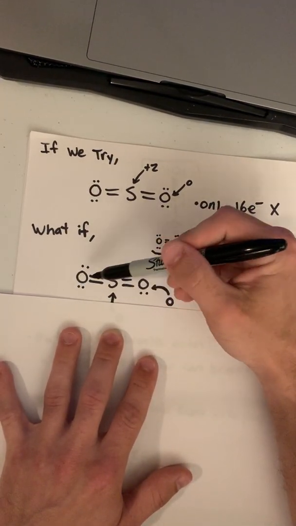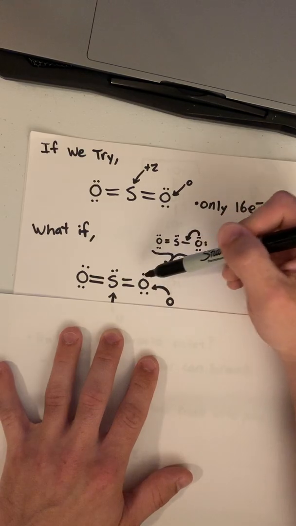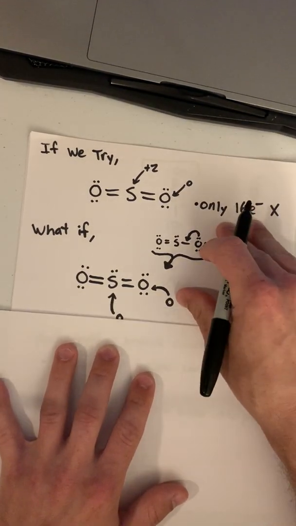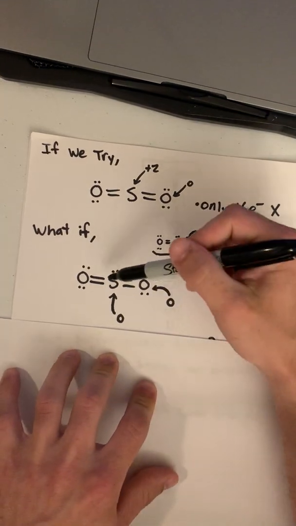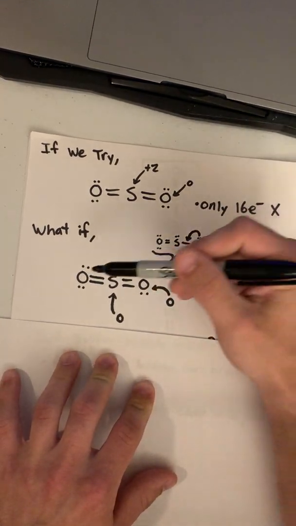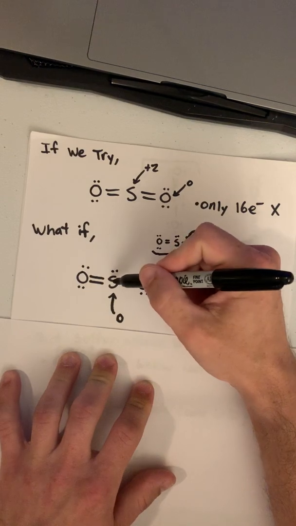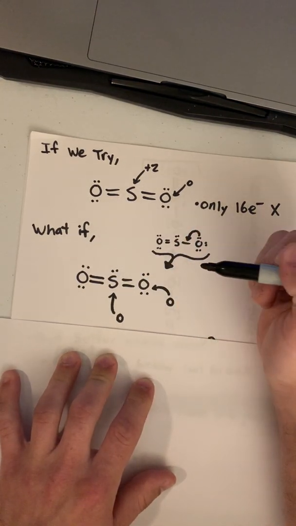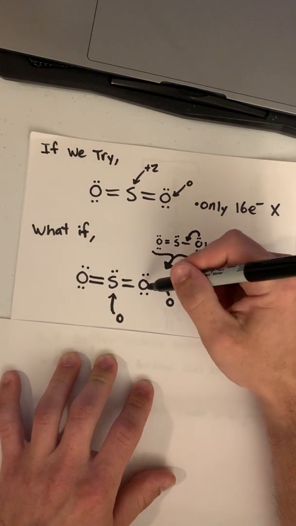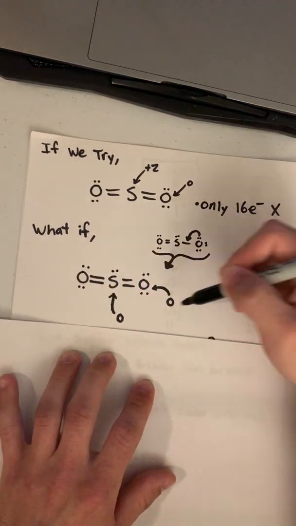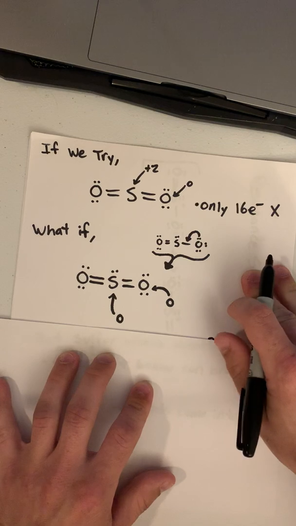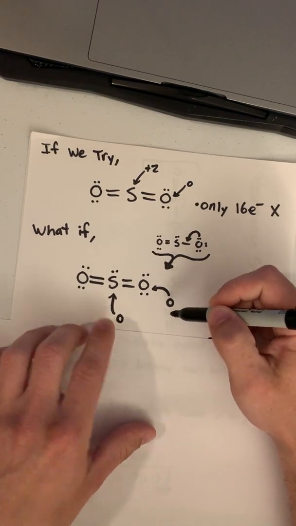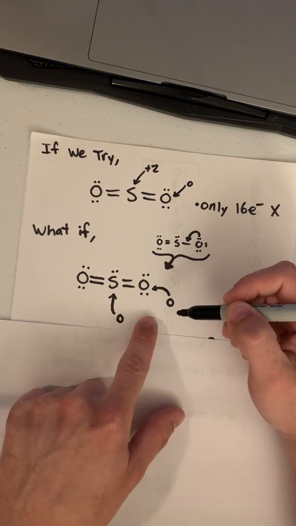If we check 2, 4, 6, 8, 10, 12, 14, 16, 18 electrons, just like this one. And now if we check the formal charges, we notice this oxygen still has a formal charge of 0 because it didn't change at all. This sulfur is now 6 minus 1, 2, 3, 4, 5, 6, which gives it a formal charge of 0. This oxygen is now just like this oxygen and also has a formal charge of 0 now. So we were able to reduce the formal charges to 0. And this would be the preferred structure.